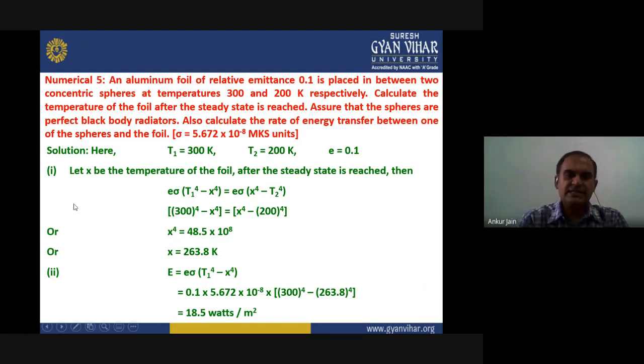Now you can see from here E sigma and E sigma will cancel out each other, and the remaining part will be 300^4 − X^4 equals X^4 − 200^4.